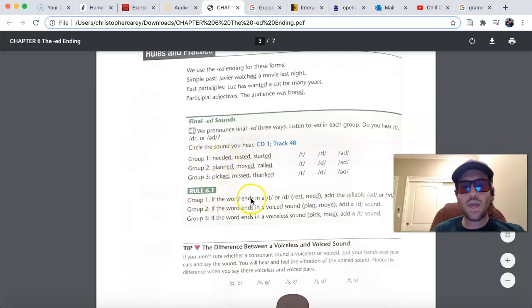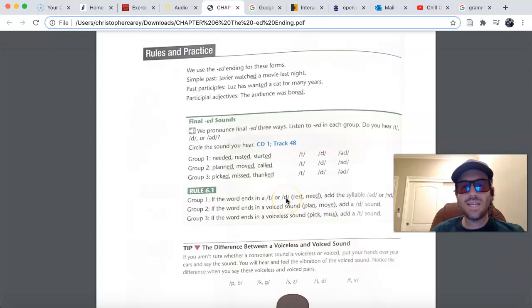If the word ends in a T consonant sound or D consonant sound, we add a syllable by using the schwa and D, vowel and consonant sound.